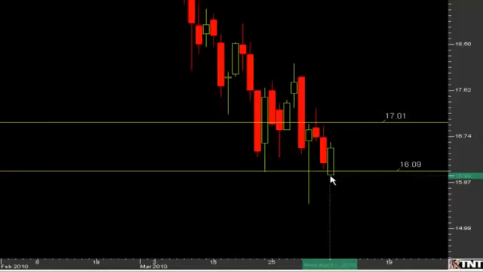Now, if you were not watching the opening range, you perhaps would have just sold it off of the open. After all, it went below 1609. We were looking to sell, so the open came at 1600 even, and you would have ended up selling the low of the day.